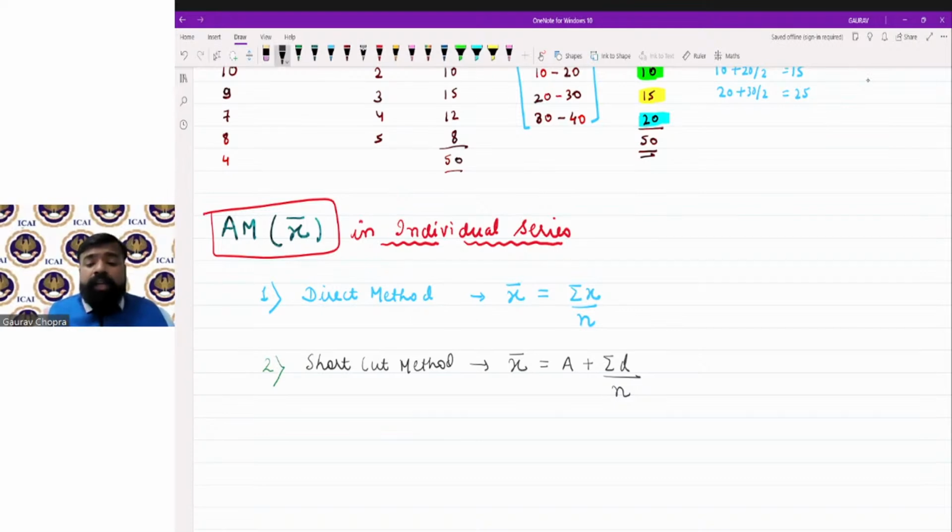Now, what is the meaning of sigma x? Sigma means total, so we can write it as the sum of all observations. X denotes observations, data, and n is the number of observations. And in the second formula, A means assumed mean.